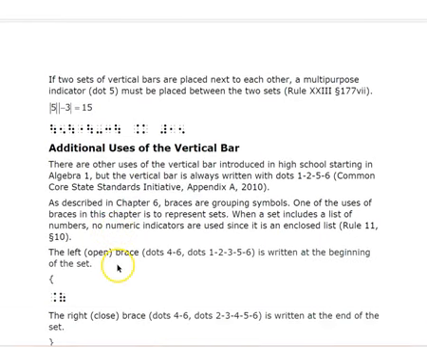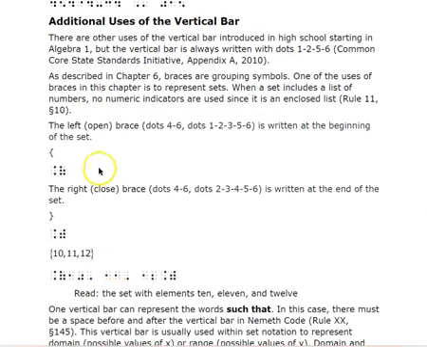Additional uses of the vertical bar. Okay, so the braces are grouping symbols used to represent sets. When a set includes a list of numbers, no numeric indicators are used since it is an enclosed list. The left opening brace is 4, 6 of.